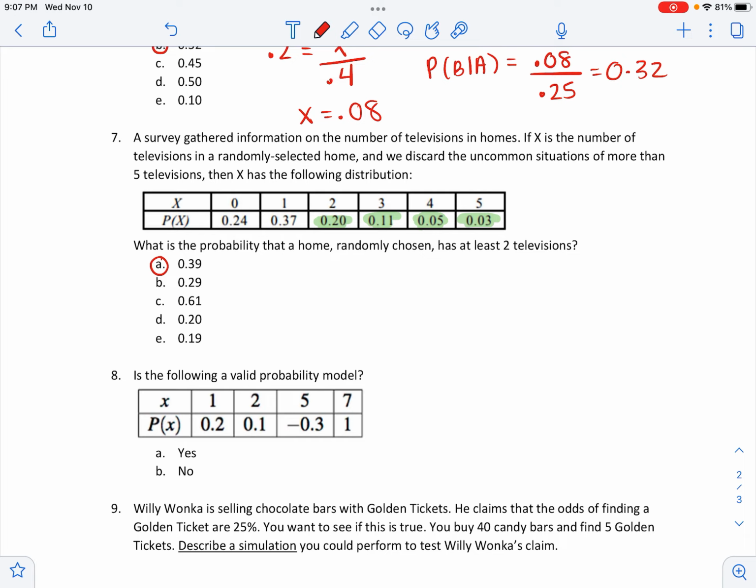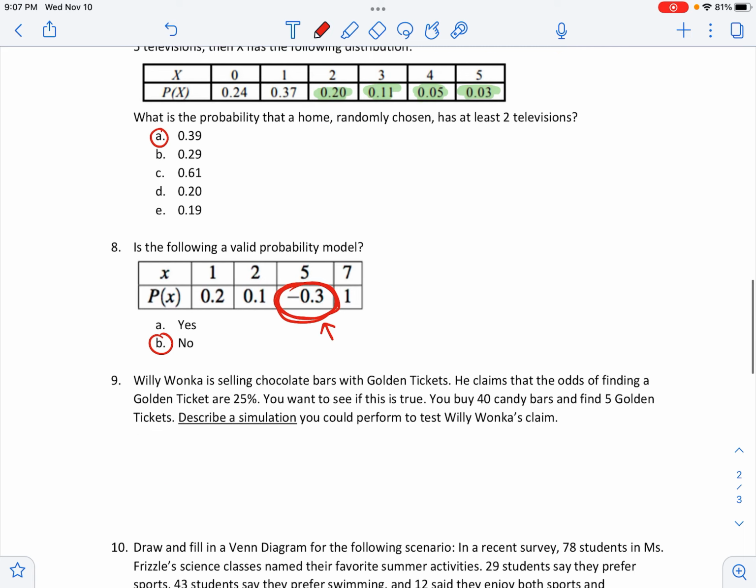So the other reason, as you look at it, is that we have a negative probability, and that is not allowed. So just based on that alone, even though they add to 1, because there is a negative probability, that is not a valid model. We know that probability can never be negative.